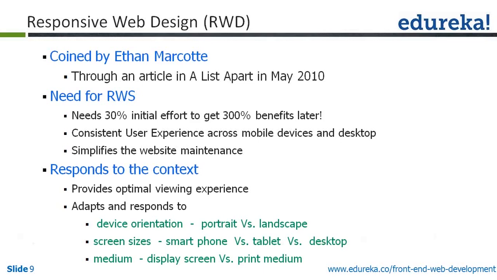And you might be viewing that website on a display medium like a screen, or on a print medium, on a printer. So depending upon the context in which the website is being used, it should give an optimal viewing experience and optimal user experience.